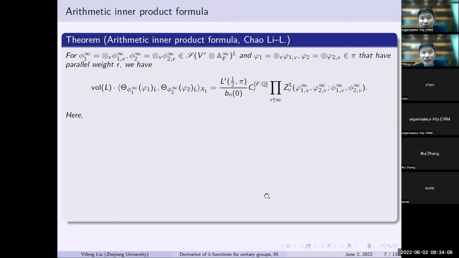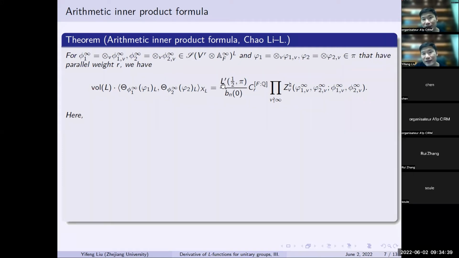Now there is a Beilinson height pairing on X_L, the sesquilinear extension of the Beilinson height pairing we introduced yesterday, and we normalize it with the volume of L. This should equal the product of the following terms.